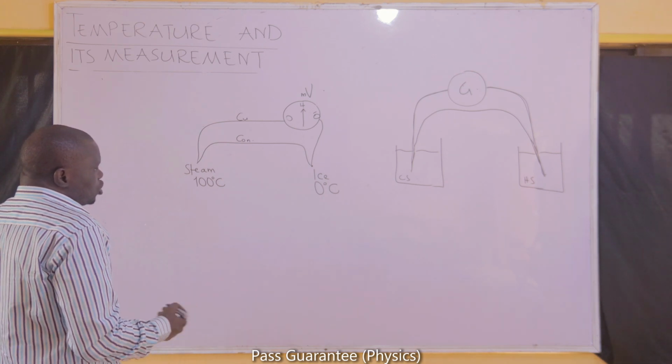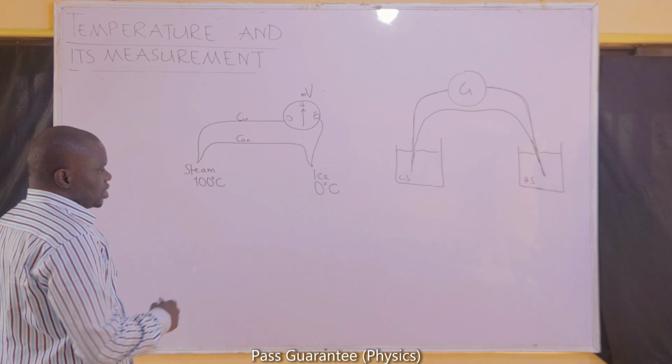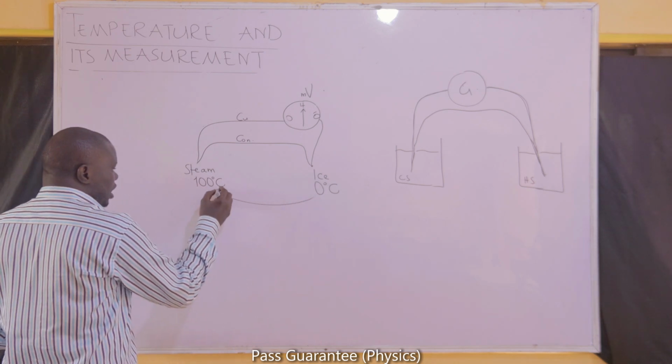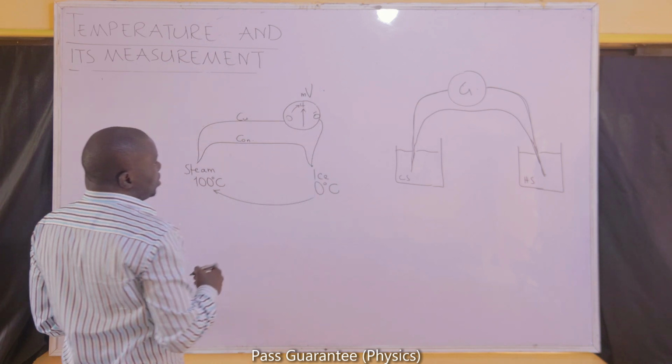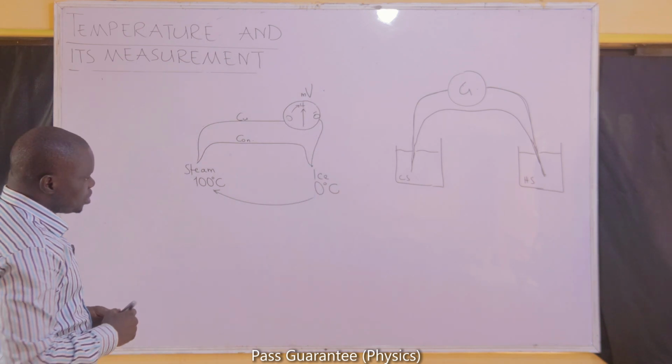Now, I can also use proportionality to solve this question. The change in temperature here is 100, and it is giving me a voltage measure of 4 millivolts.